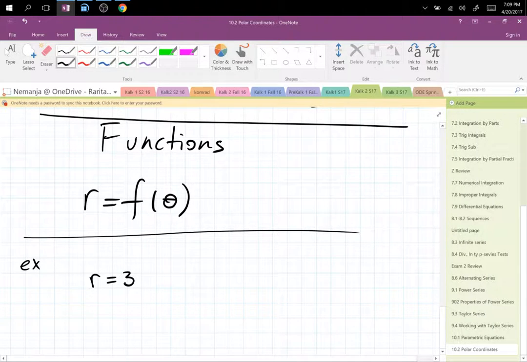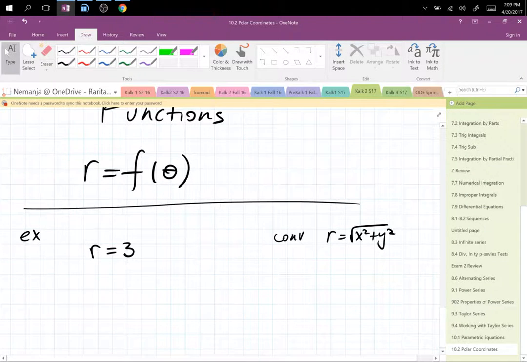Let's do the conversion, right? We know that conversion says that r is equal to the square root of x squared plus y squared, because you kind of want to convert this into the realm you're familiar with. So you swap this r with that square root of x squared plus y squared, and you get that equal to 3. You square both sides, and then you get what?